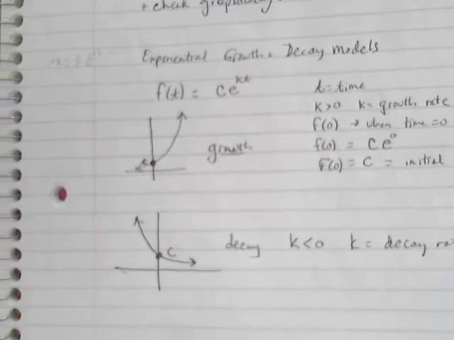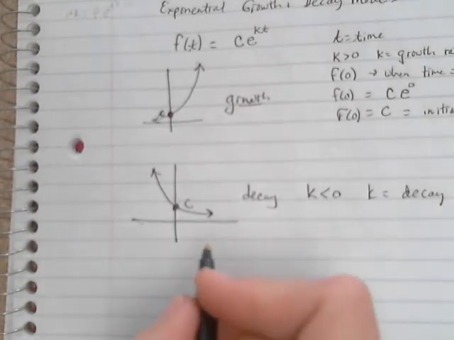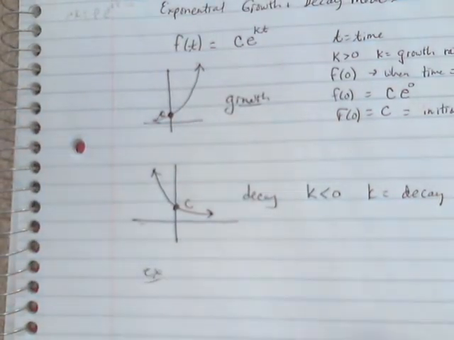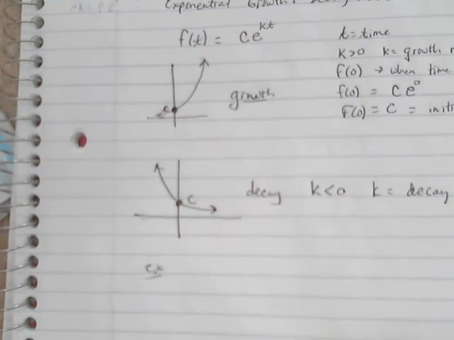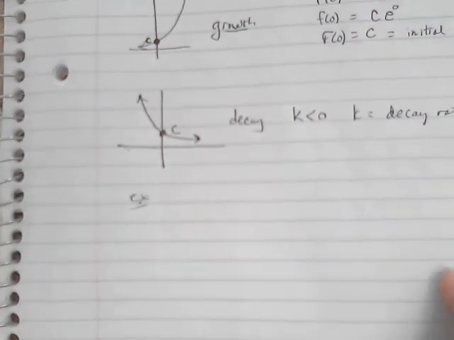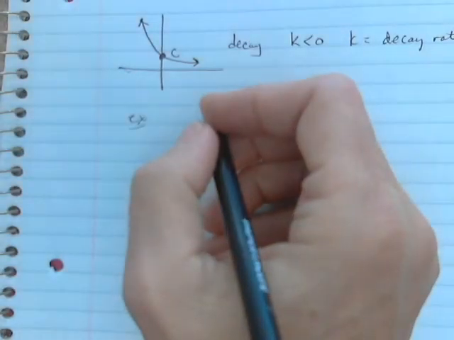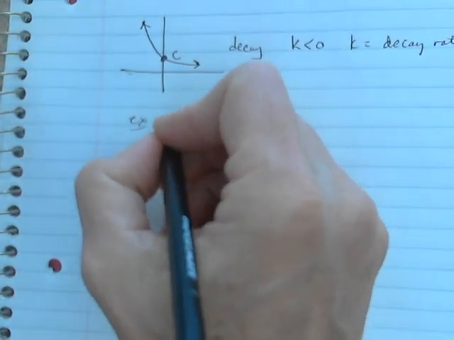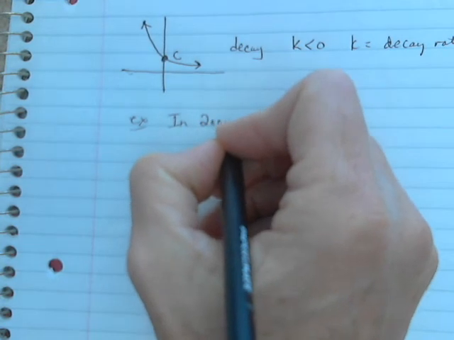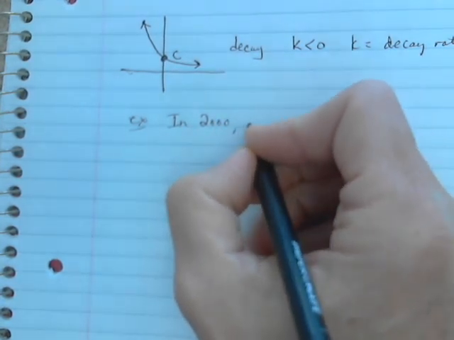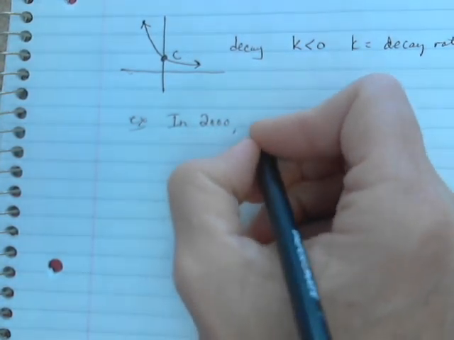So what we're going to do is do a couple of examples of exponential growth. Exponential growth is very common when you're talking about population. So we'll do a world population problem. In the year 2000, the world population was 6.1 billion people.